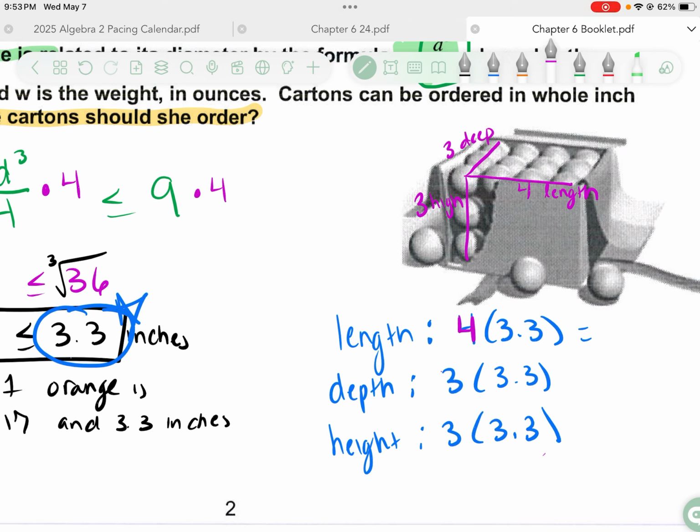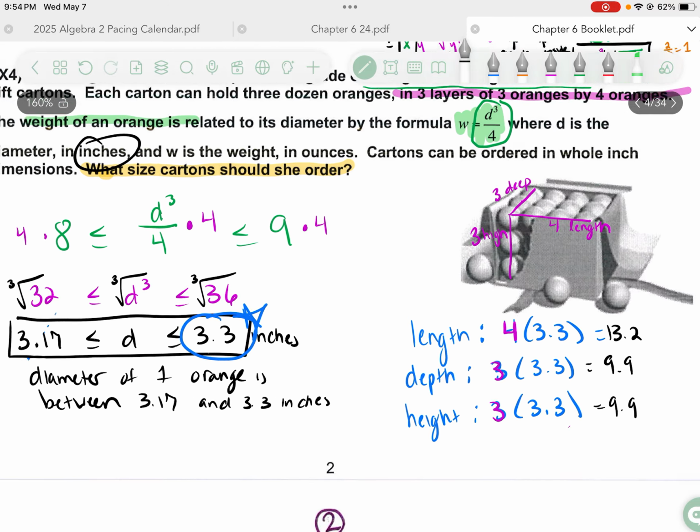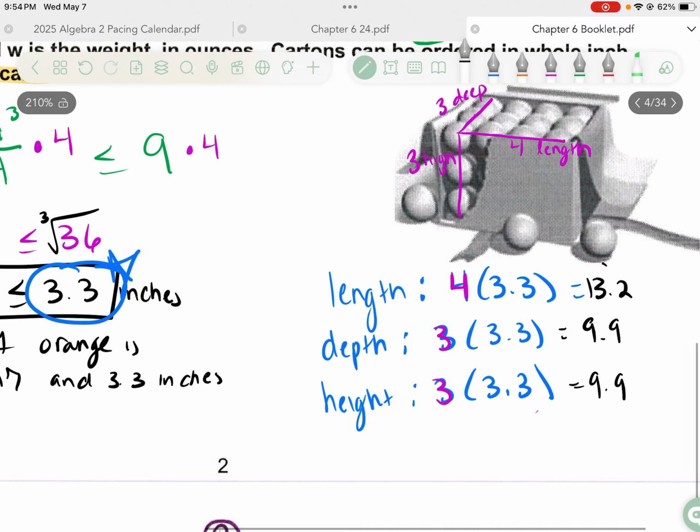Again, this 4, this 3 just comes from this image here. So that's about 13.2, 9.9, and then 9.9. It says cartons can be ordered in whole inch dimensions.